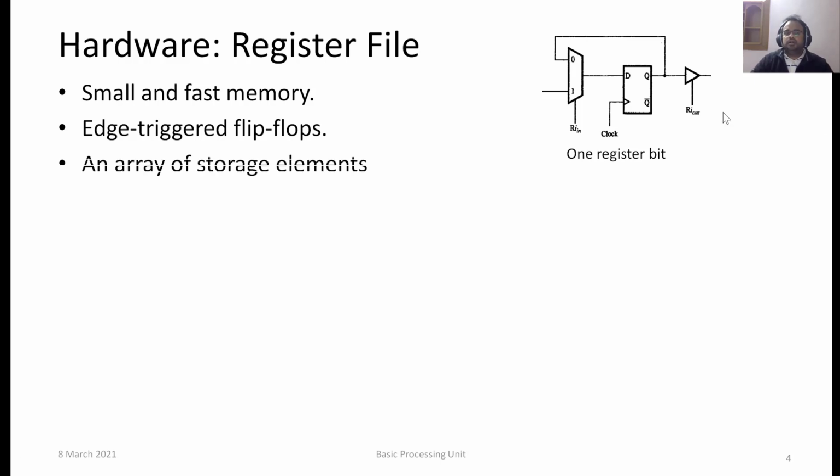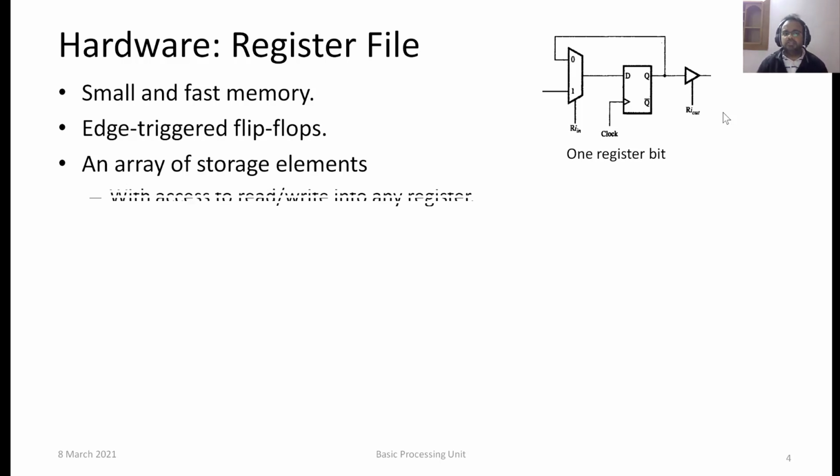Now imagine an array of such D flip-flops. For example, for RV32 that we are currently studying, we have 32 bits in each register, right? So we have 32 such D flip-flops, and in general we have 32 such registers. So imagine a 2D array where you have 32 cross 32 D flip-flops.